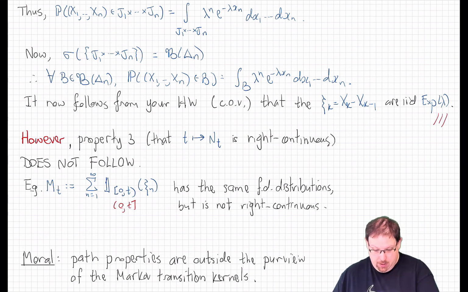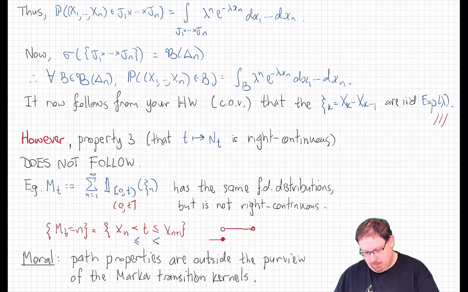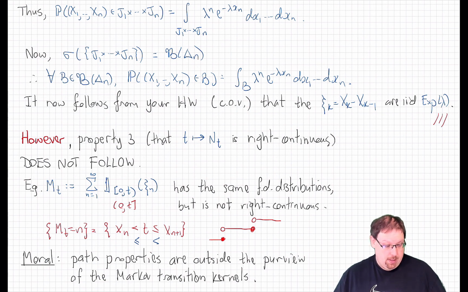But with this constraint here, what we have is that the event that mt is equal to n is going to be the event that xn is strictly less than t, and t is less than or equal to xn plus 1. Whereas before, we had less than or equal to here and less than there. What that means is that the paths of this process, mt, look like this. They are not right continuous, they're left continuous with jumps of height 1.